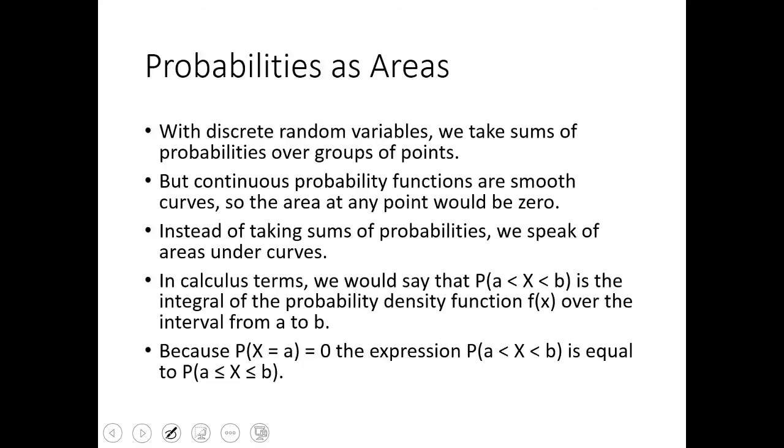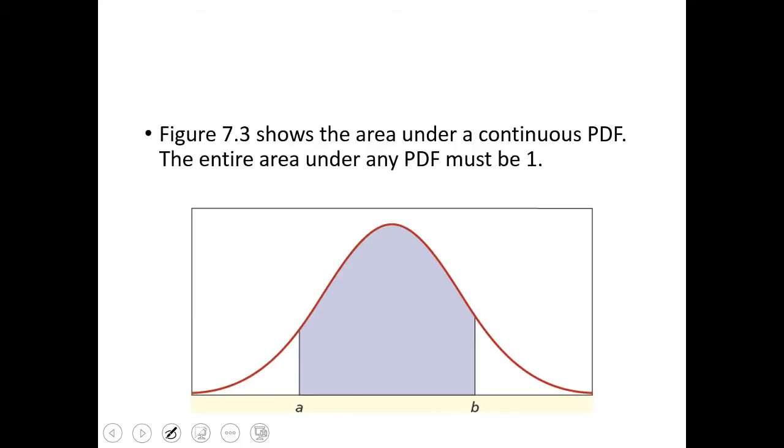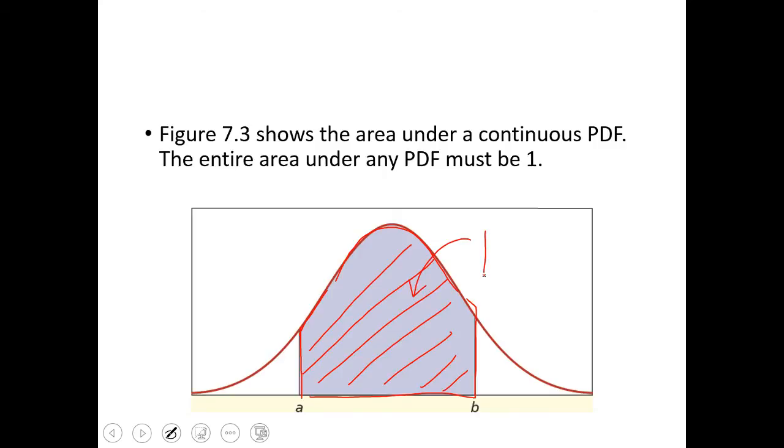Okay. So then, if you want to know the probability of a continuous random variable x between a and b, it can be obtained by the size of the area between a and b. The size of this area is the probability that x is between a and b.